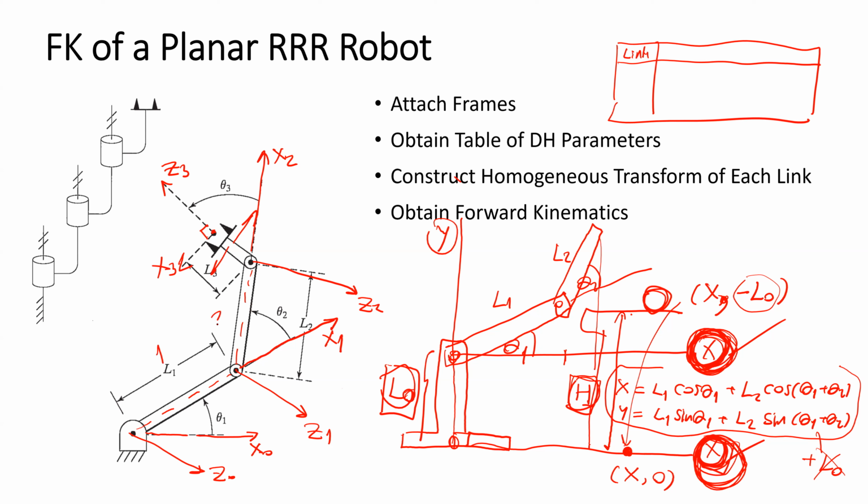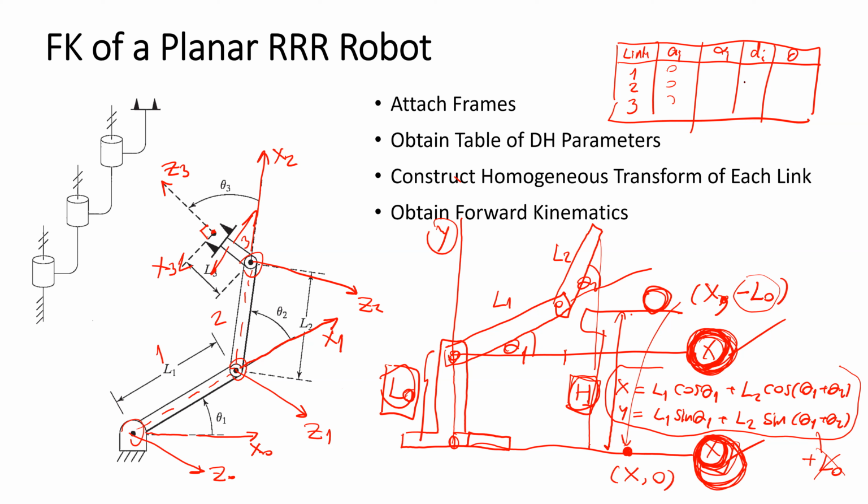We have link 1, link 2, and link 3, because we have 1, 2, and 3 revolute joints. The parameters will be length, width, offset, and angle, and you will try to derive the parameters from here.